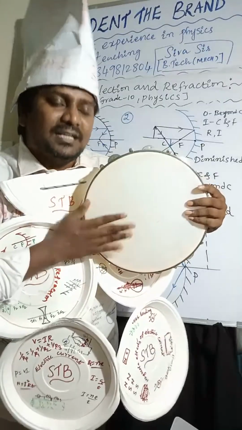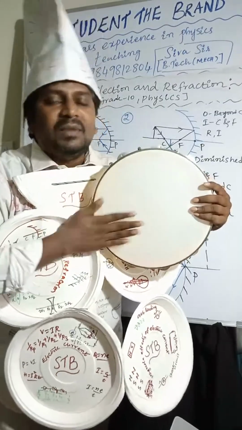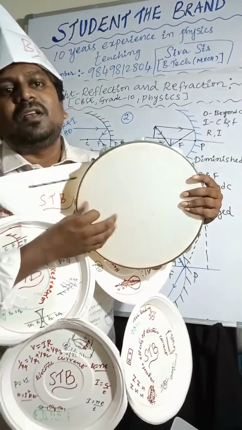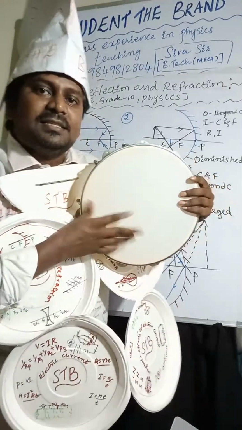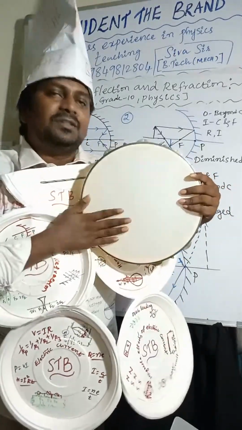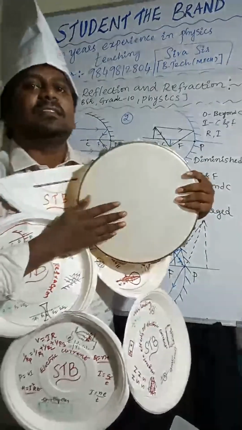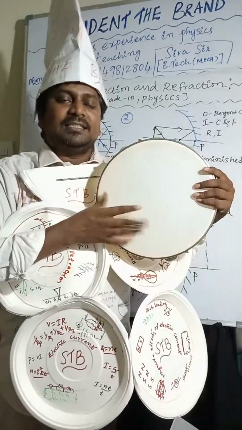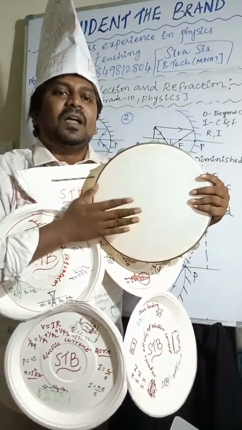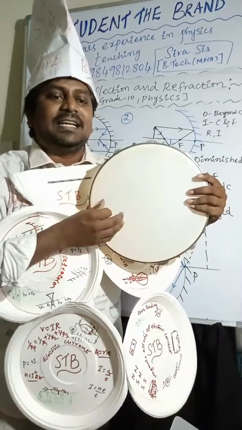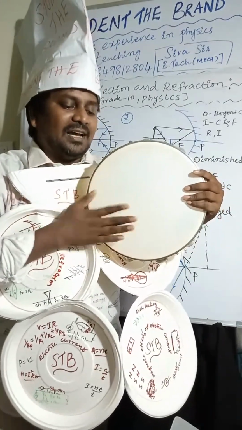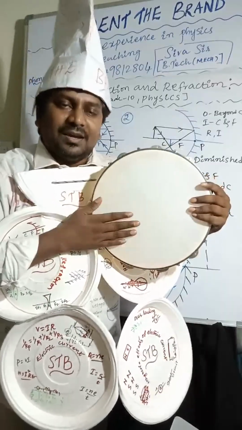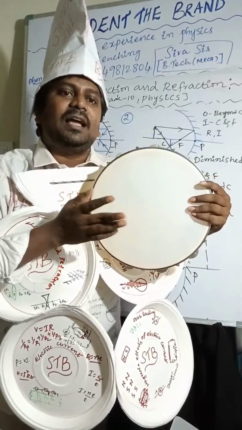All distances are measured from the pole. Distance is positive along the incident ray. Distance is negative opposite to the incident ray. Distance is positive above the principal axis.